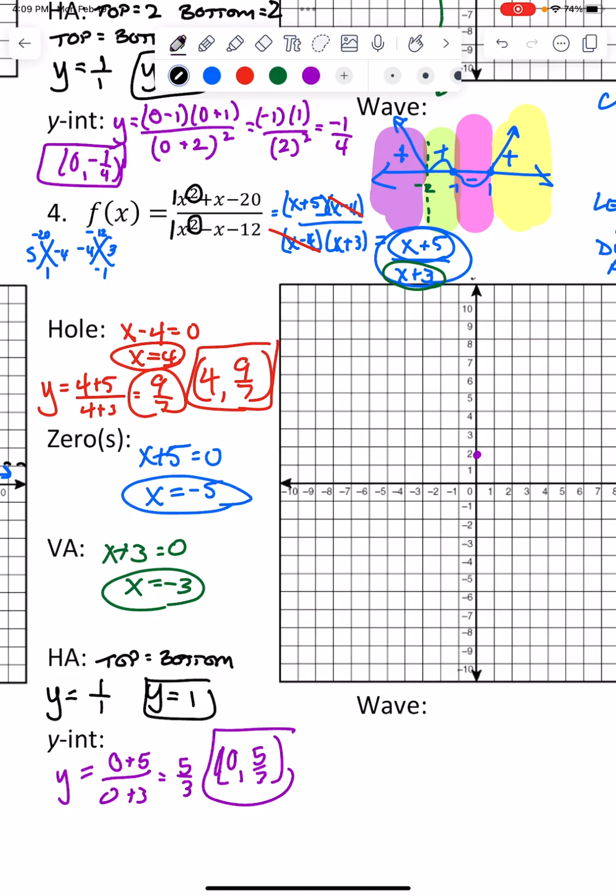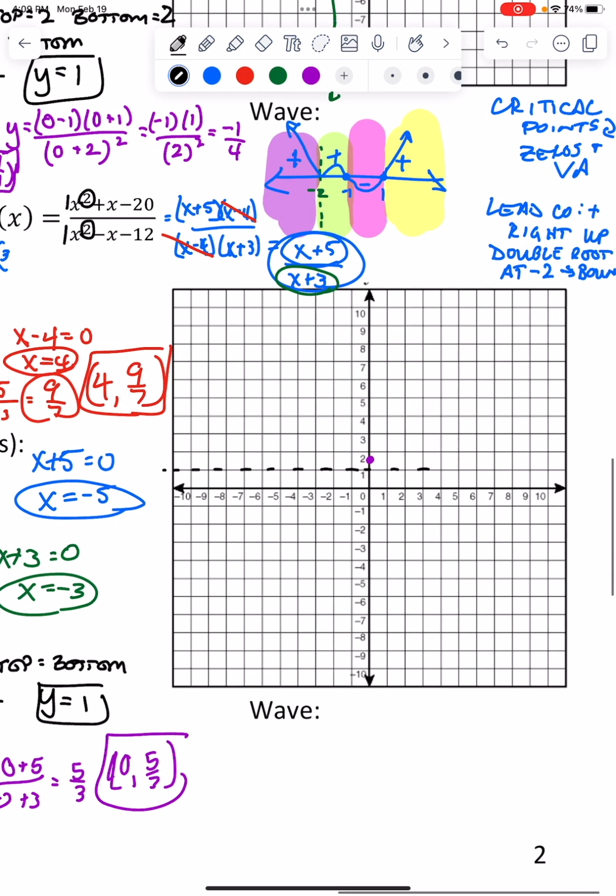Horizontal asymptote at 1. Scoot over here. Vertical at negative 3. Okay.